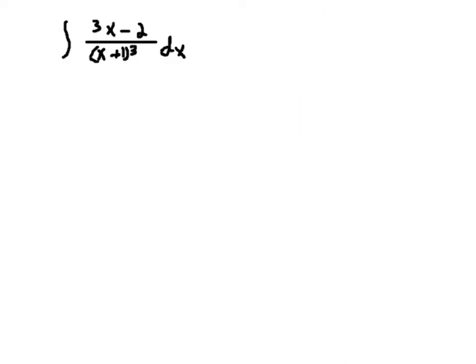Here's another problem with an extra x. I want you to go ahead and attempt this U-substitution. I'll give you 2 or 3 minutes. I'll start you off. For this problem, we're going to make u equal to what the inside was. That looks like it's going to be x plus 1.